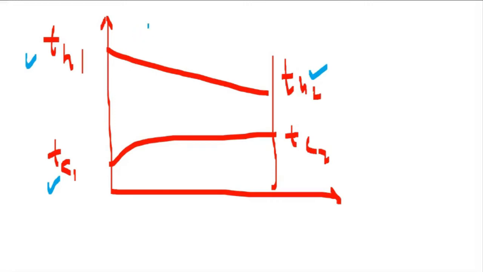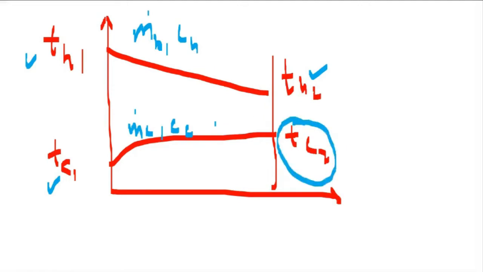For the hot fluid, they are giving you mass flow rate value. This MH value is given, CH value is given. For the cold fluid also, they are giving you mass flow rate and they are giving you a specific heat of the cold fluid. This is the data given to you. This TC2 value is not given.